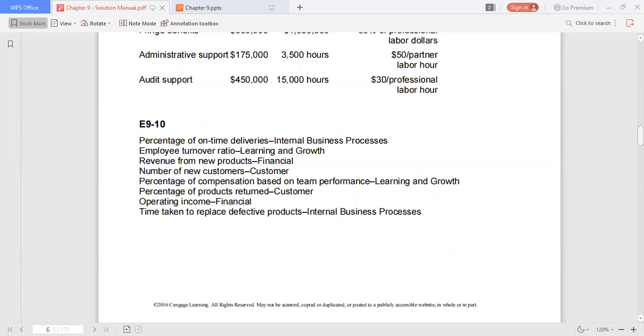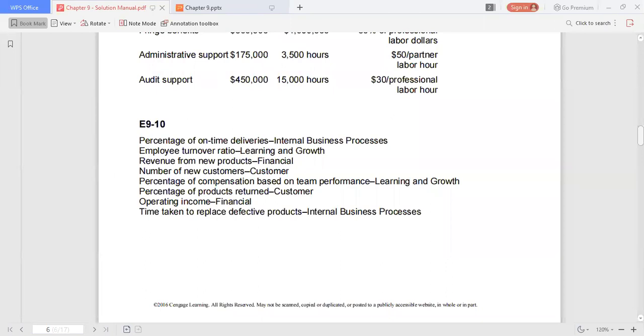So the percentage of on-time deliveries is under internal business process. Employee turnover ratio is under learning and growth. Revenue from new products is financial. The number of new customers is under customer.